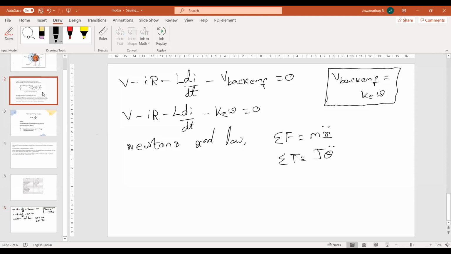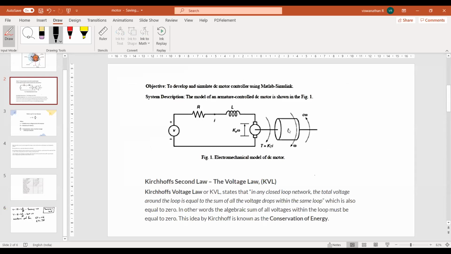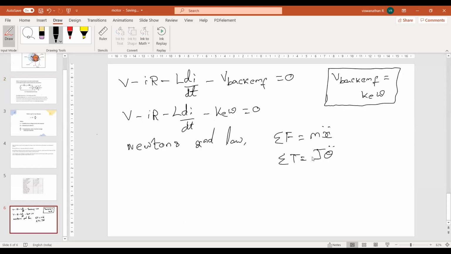The mass moment of inertia is written as I there, but I'll change it to J, because I would get confused with the current. So this can be written for the rotary one as Newton's second law. This is for the linear one. Any doubt in this?